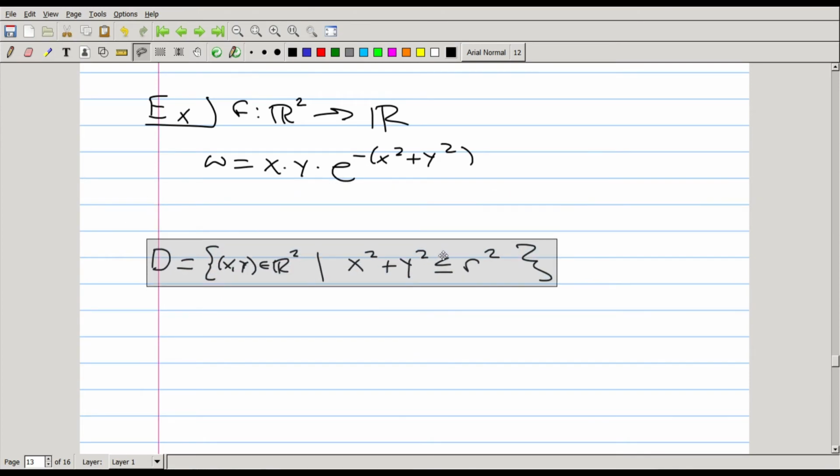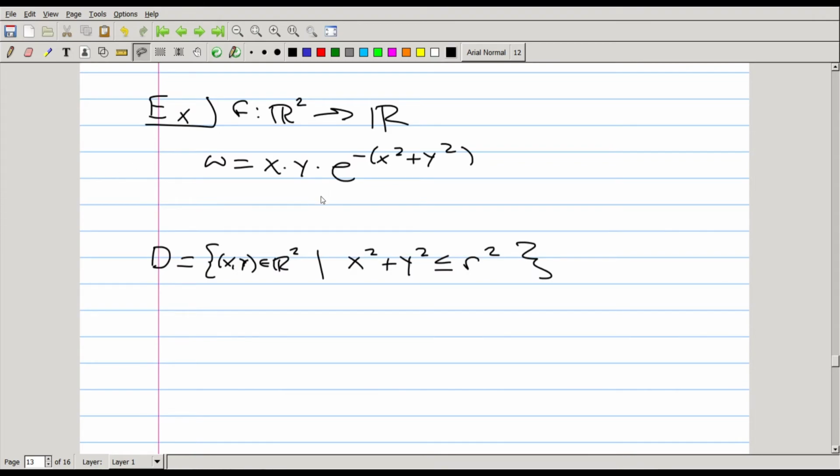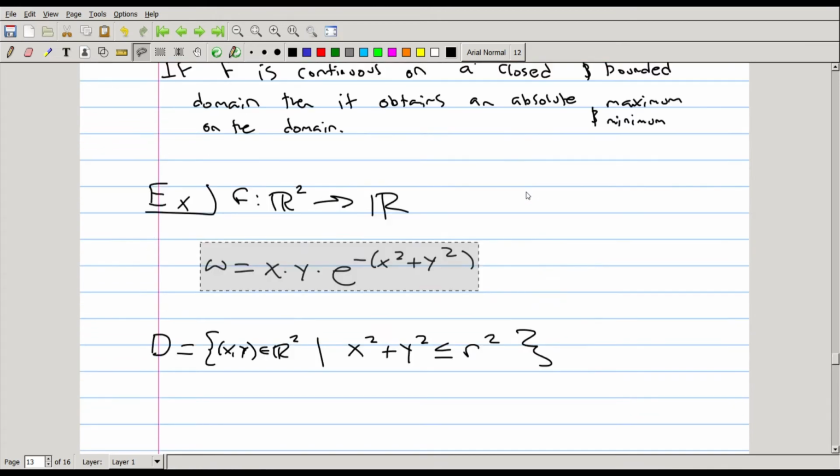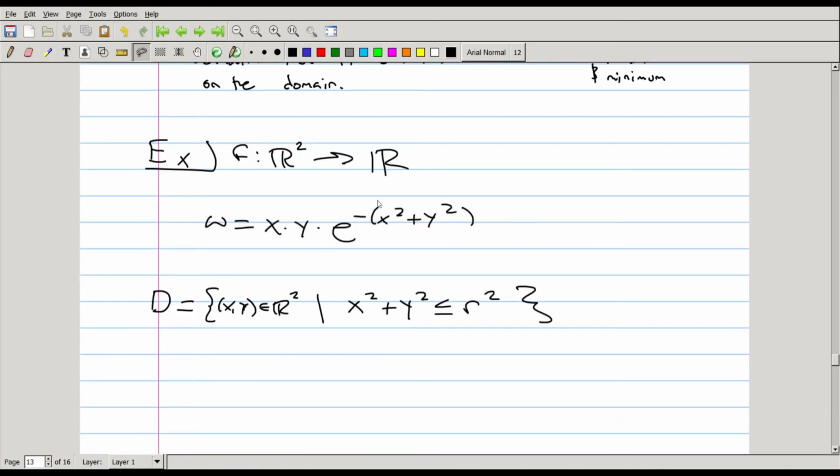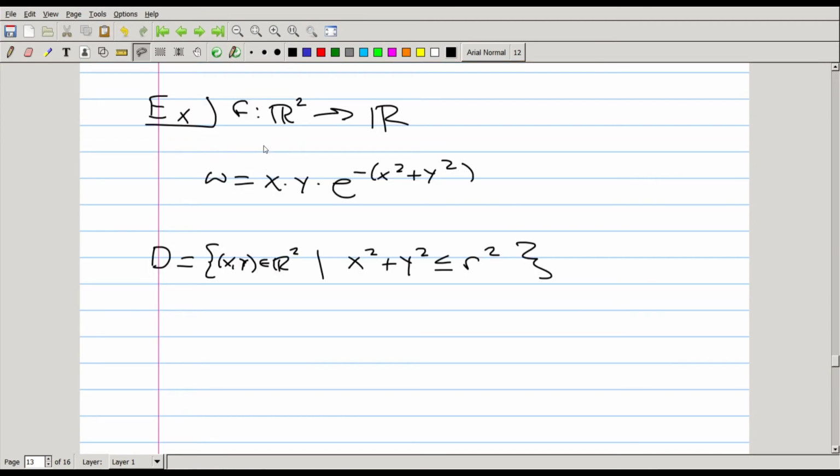This is one of my favorite functions in multivariable calculus for a number of reasons, but the main reason for us right now is that it's a perfect example of a function that for any closed and bounded domain, it's clear that it attains an absolute maximum and minimum. So I'll pick the simplest possible domain, which will be a circle. And we'll look at a plot of this function and see where it attains its maximums and minimums.